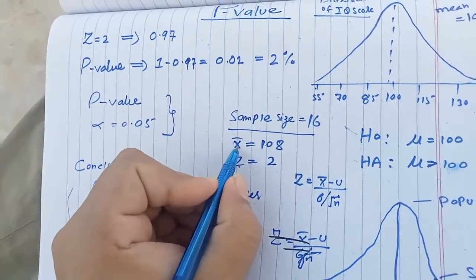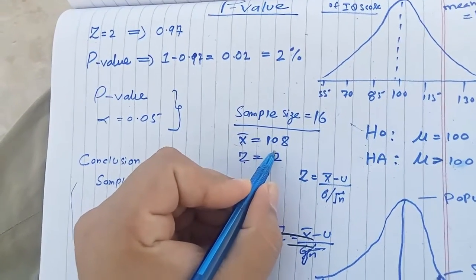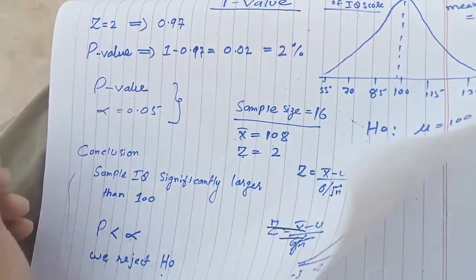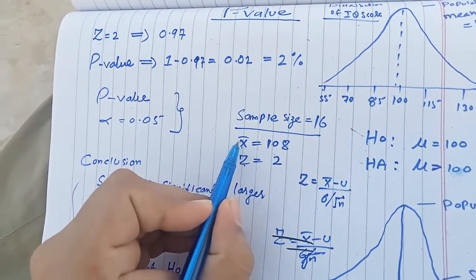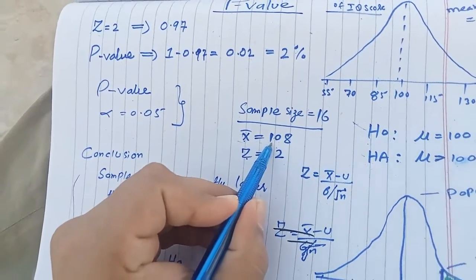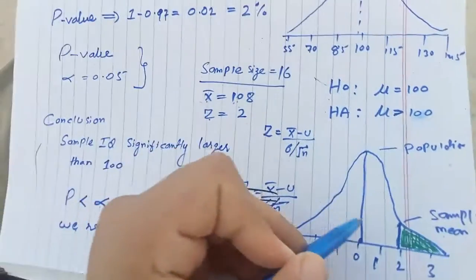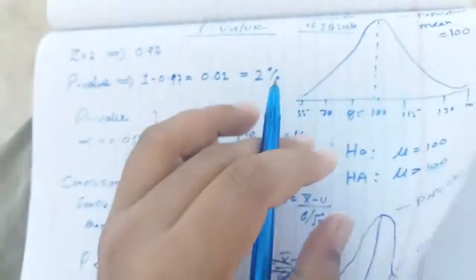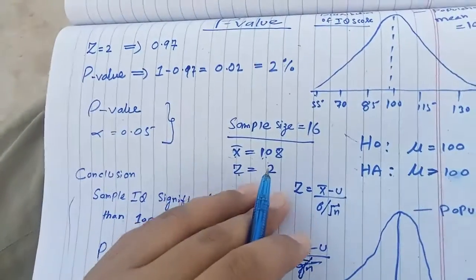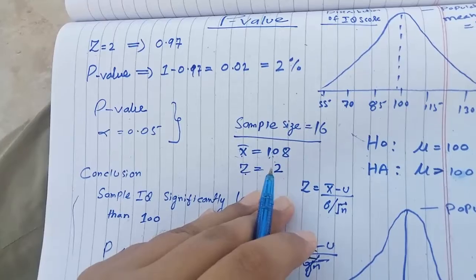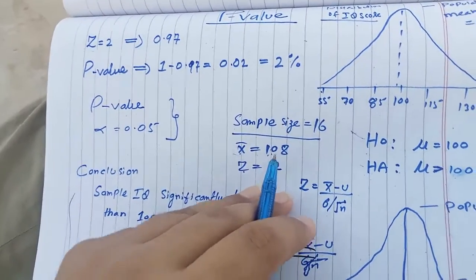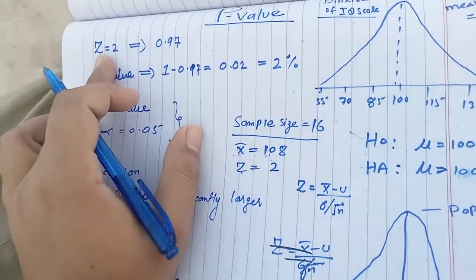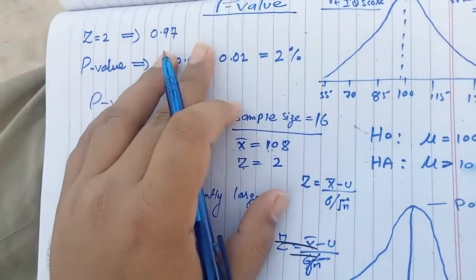Obviously we have checked this, it is 108. It means that in this distribution there are only 2% chances that the null hypothesis will be true. That is the p-value, the probability of the z-score assuming that the null hypothesis is true.